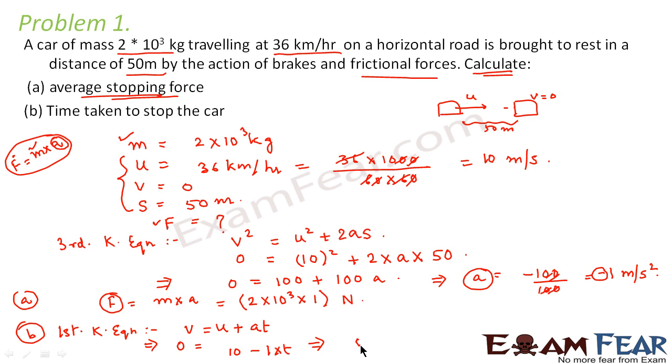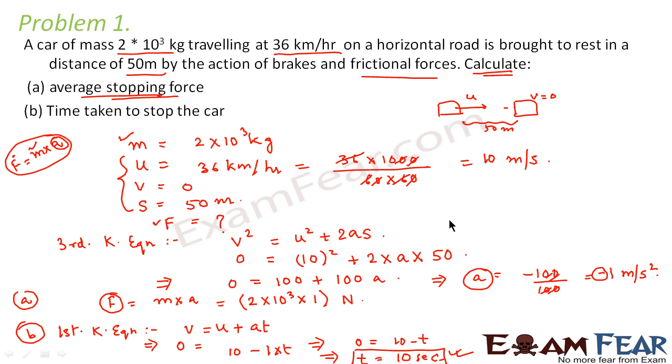So we can say 0 is equal to 10 minus t, or t is equal to 10 seconds. That means after a time period of 10 seconds, the car will come to rest. So this is the time which is taken by the car to stop. So what did we basically do? All we need to do is remember the kinematic equations.